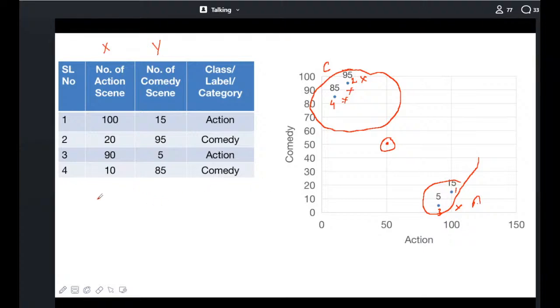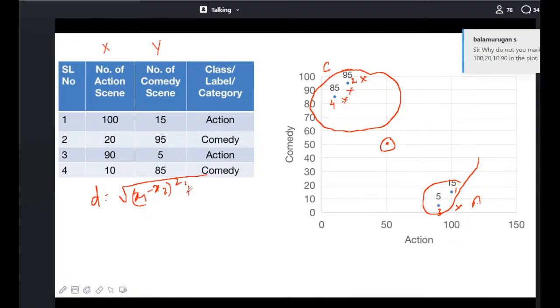It's just the distance formula that we studied in standard 7: square root of (x1 minus x2) whole square plus (y1 minus y2) whole square. That is the distance formula.